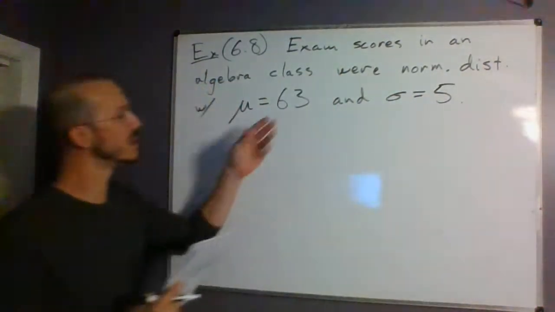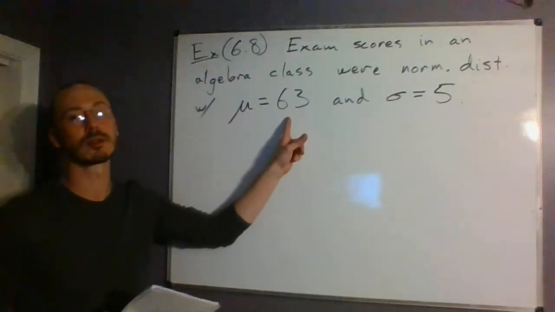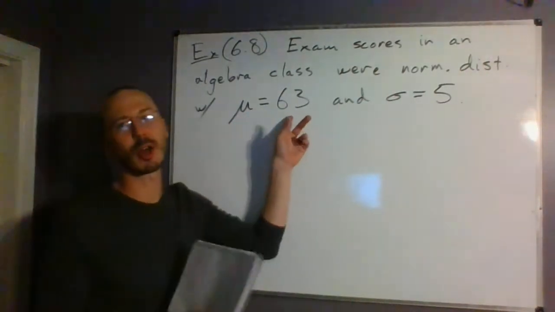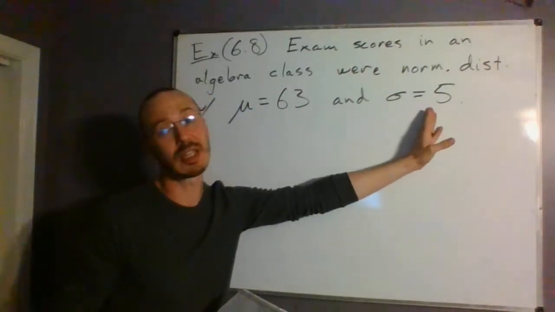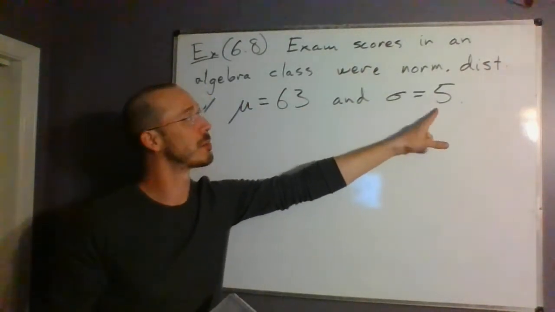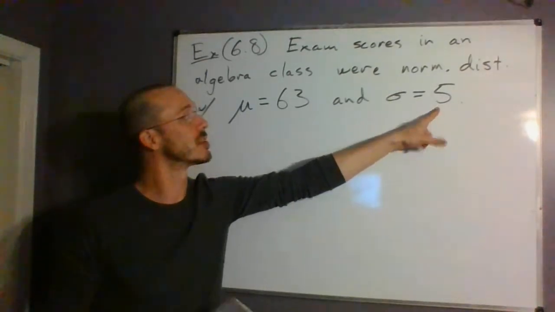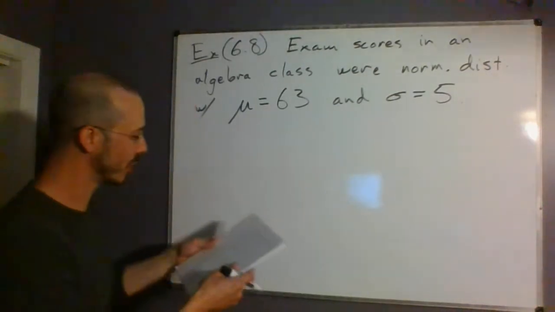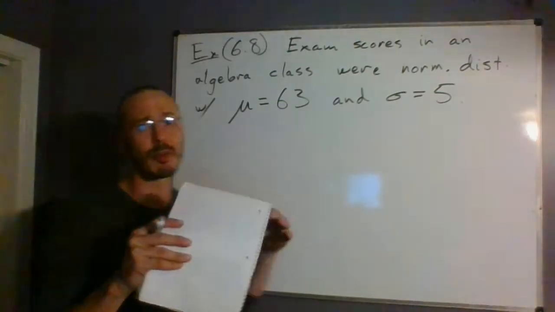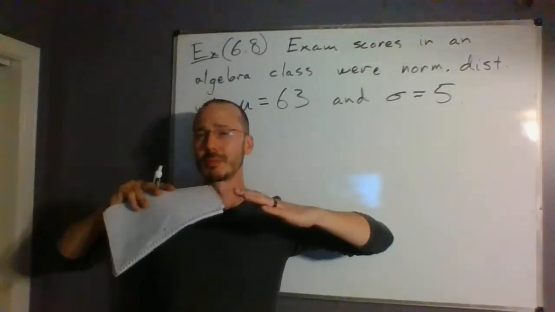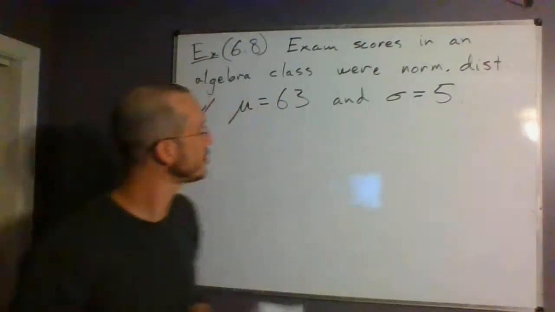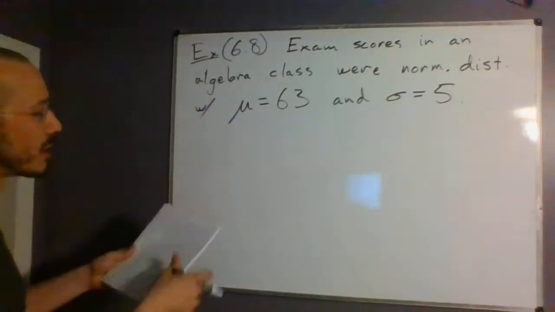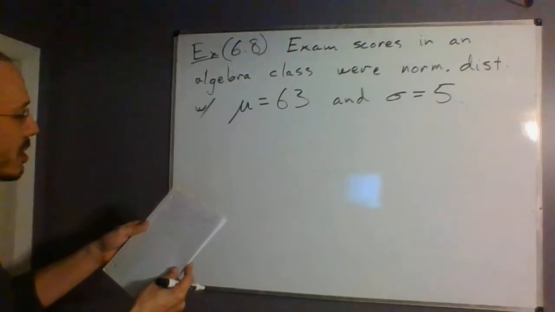So the mean is 63, that's the average score. It doesn't say it's out of 100, but it'd be low, but whatever. The spread of the data is described by the standard deviation, how wide the curve would look. Of course, it's got to have an area of 1, so if it's wider, it has to be lower. If it's narrower, it has to be taller. And you can see a variety of normal distributions in the pictures in the text.